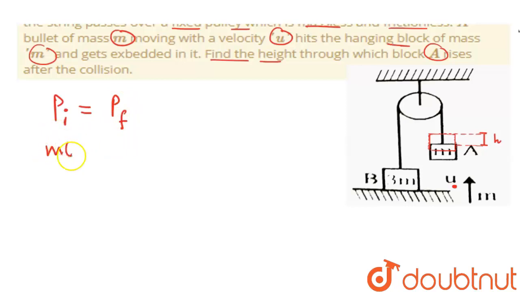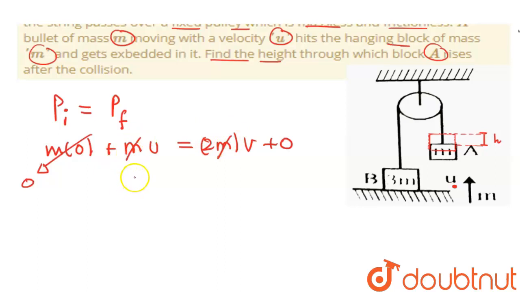That will be m times 0 plus m times u equals 2m times v plus 0. The m will get cancelled, and we will get v equals u divided by 2.